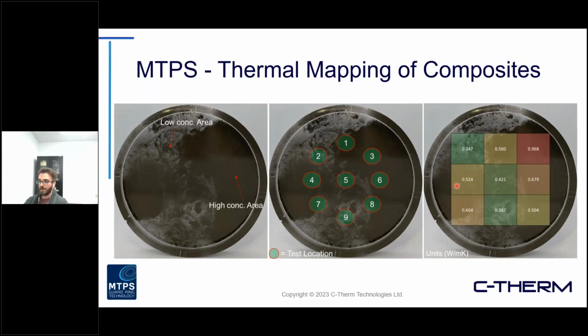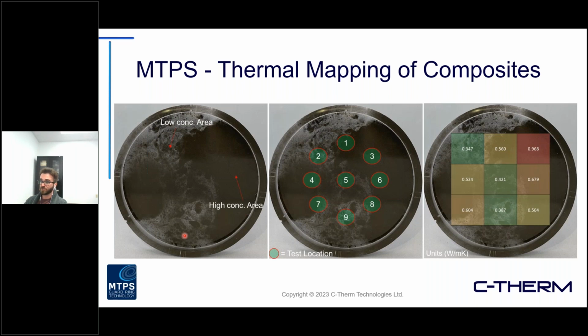One of the things that's really important to many groups is quantifying the distribution of the filler within that cured sample. Again, you can add a lot of filler to a sample trying to boost performance, but if it's not dispersing evenly within the sample and curing in an even manner, this can result in some significant issues.